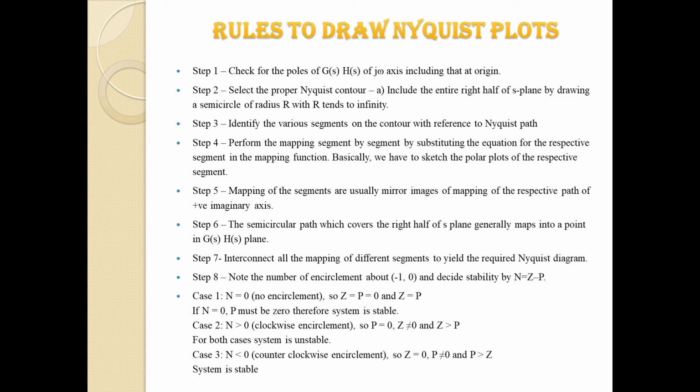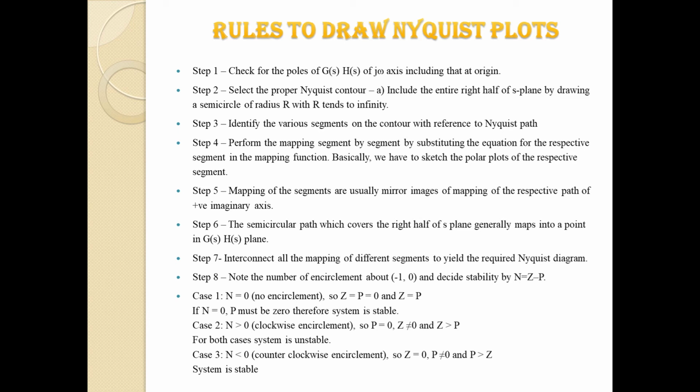And after the mapping of the segments, we will find that the mapping will be the mirror image of the respective paths of the positive imaginary axis and negative imaginary axis.